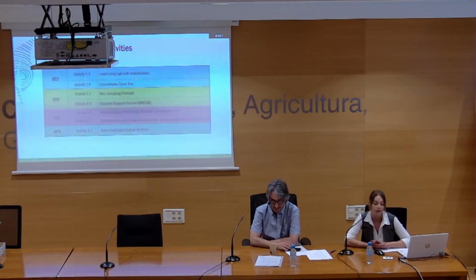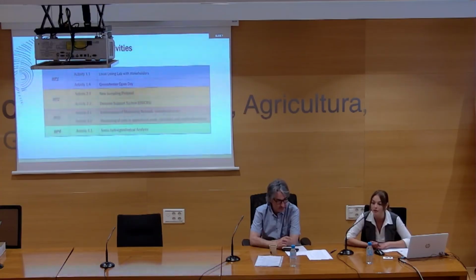For example, work package number 1 is about reaching the general public and about dissemination. So we organize periodic meetings every 6 months with our stakeholders, and those are called the Local Living Lab. We share our progress and we exchange ideas. Then I will focus later on the groundwater open day, but basically these are days of dissemination on aquifers.